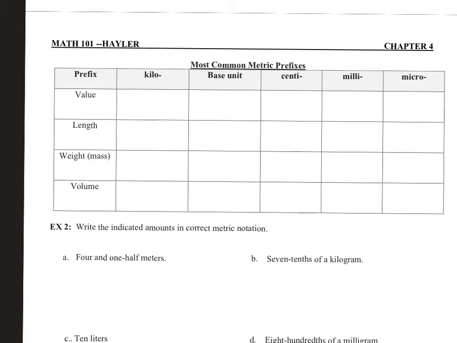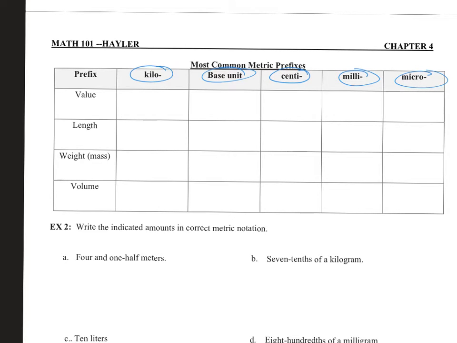So the most common metric prefixes. All right, so prefixes on words, beautiful things. So we have kilo, a base unit, and then centi, milli, and micro. Okay, those are all the prefixes. So let's take a look at the value.